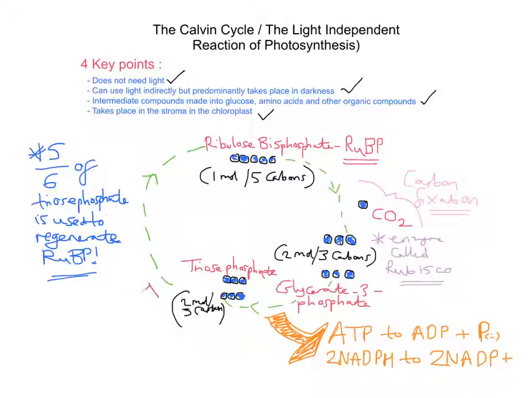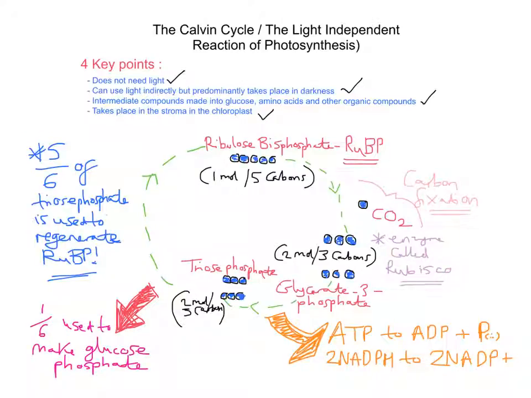So at this point here, just draw another little arrow. And whilst we had 5/6 of triose phosphate regenerating RuBP, what we've essentially got here is 1/6 used to make what's called glucose phosphate.